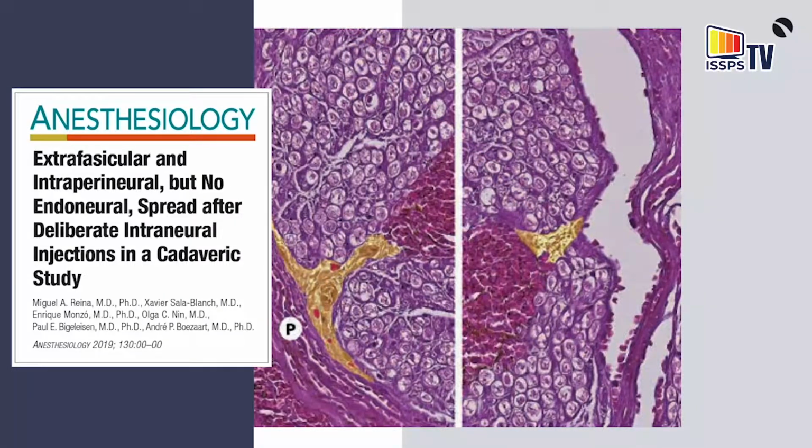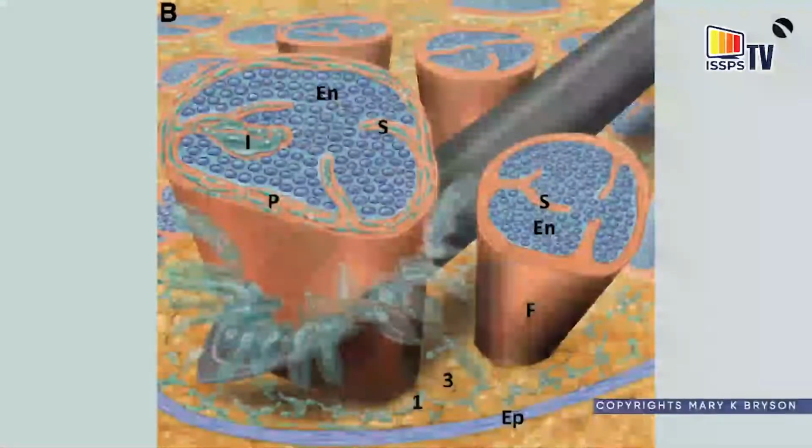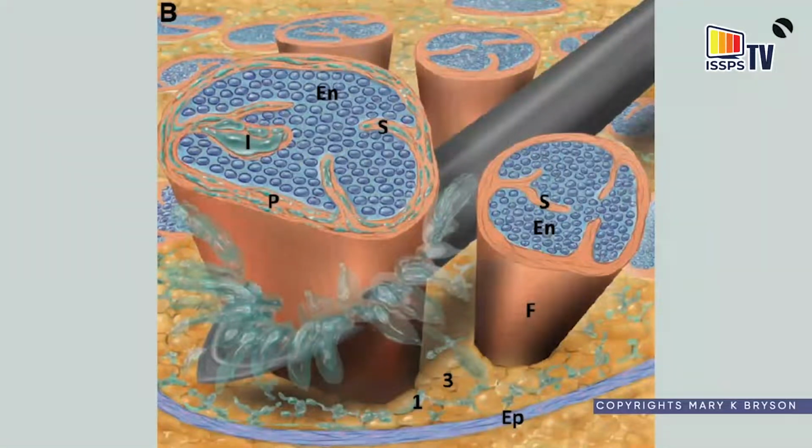As hard as we tried and failed to inject into the fascicles, this study led us to conclude in 2019 that spread was not possible inside the endoneurium of the fascicles, and that there are without any doubt no perineural spaces in the endoneurium that allowed for the spread of local anesthetic agents. The only spread was between cells, again the cells of the perineurium, and the fat cells, anywhere where fat cells may be.